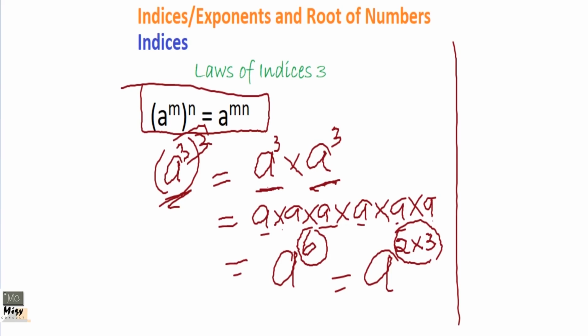Now we have a raised to the power 3 times a raised to the power 3, so it's the same as a raised to the power 6, even if you don't expand. And a raised to the power 6 comes from the 2 and 3 on top, so 2 times 3 gives you that 6. Otherwise, you expand it and count the number of a's and put it there. Remember that it came as a result of 2 and 3, so now it's raised to the power 6.